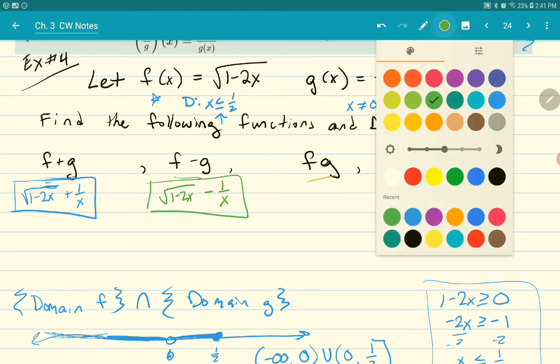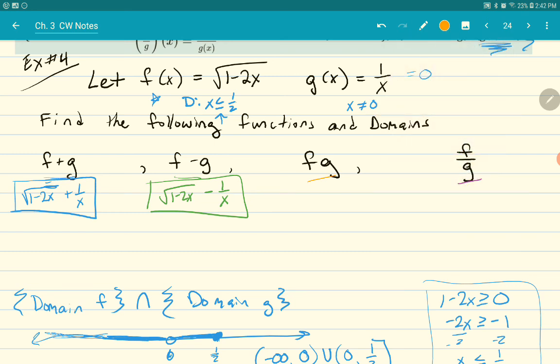And then multiplication, I can't do much with this, except I could treat that like it's over 1 and just express it as a single fraction.